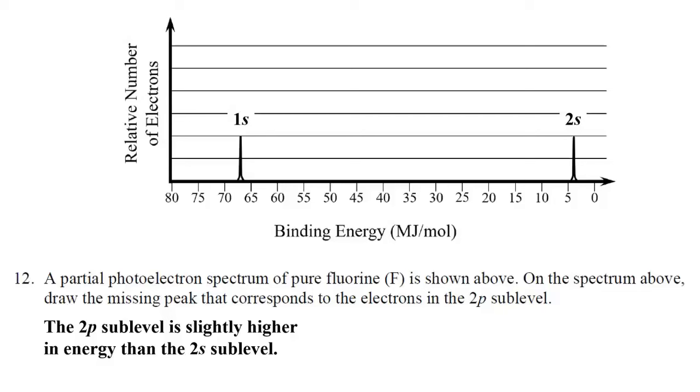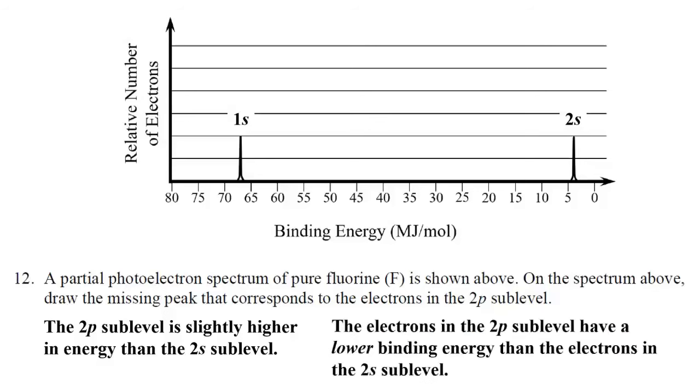Now the 2p sublevel is slightly higher in energy than the 2s sublevel, and what does that mean? Well, it means that those electrons are going to be easier to remove, therefore they should have a lower binding energy. So where are we going to draw this peak? It would be to the right of the 2s peak that's already on the diagram.